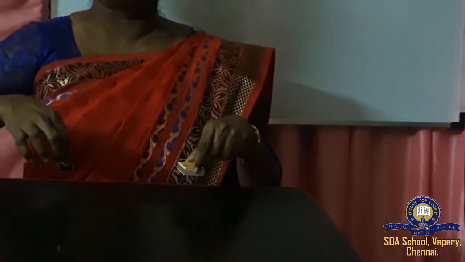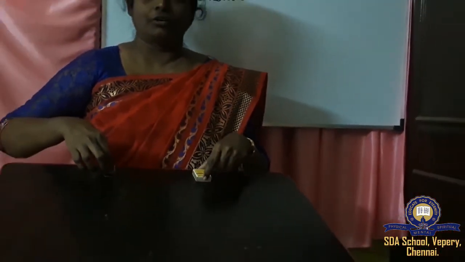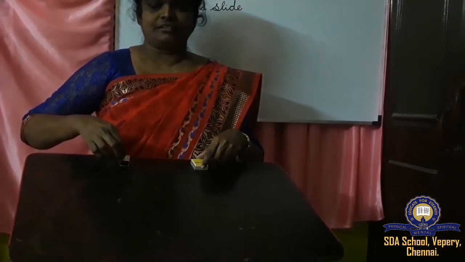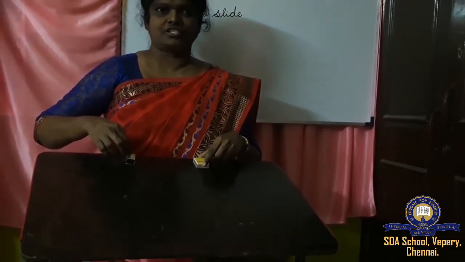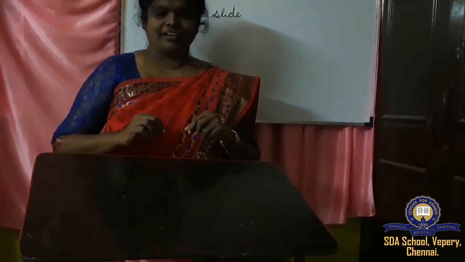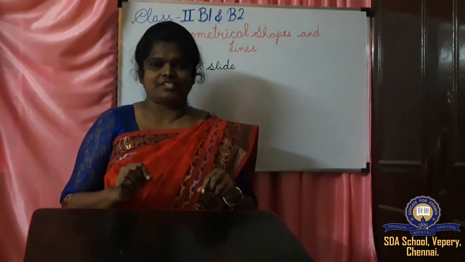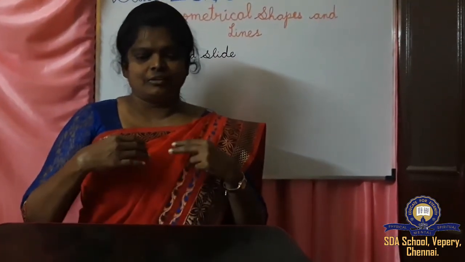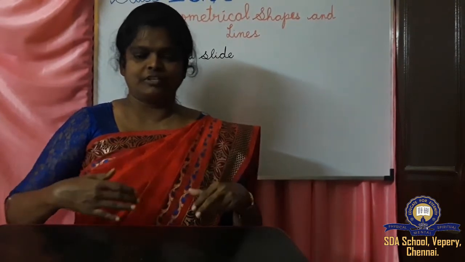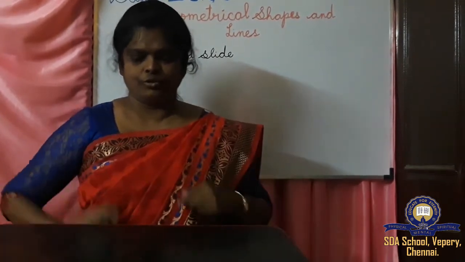Now you have to see which is rolling and which is sliding. Watch carefully. Yes, the cuboid. The both of them were sliding and going down.